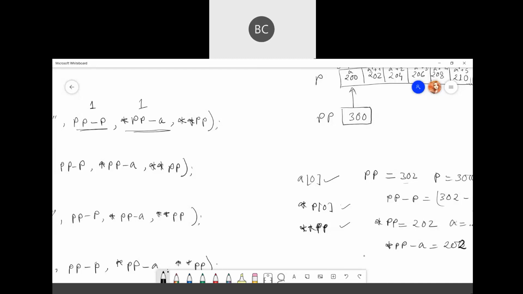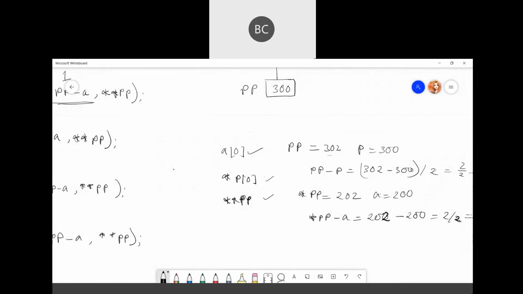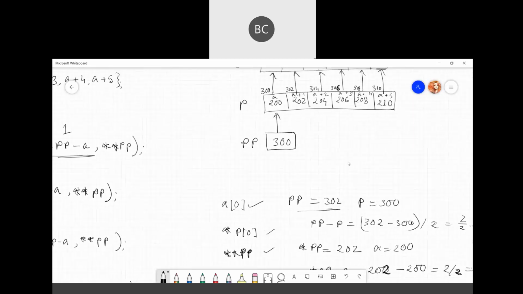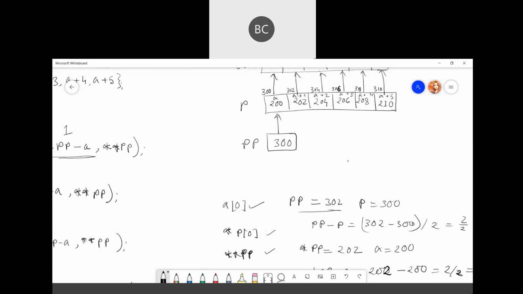Okay, next we need to find double pointer PP. So what is PP? It's already 302 here. Okay, what will be the double pointer to P? It will be 202, the double pointer P. Okay, our P is 302.